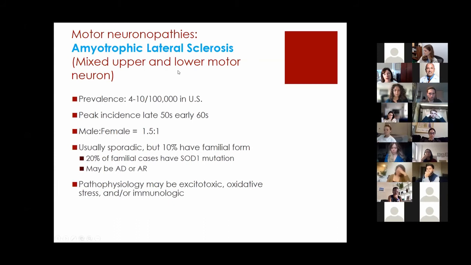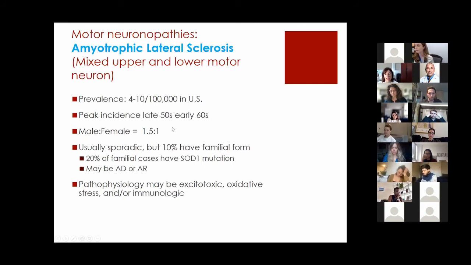But motor neuronopathies, also known as motor neuron disease, when you have a mix of upper and lower motor neuron pathology, is ALS. It is not very common, fortunately, but we definitely see it. And I have seen a number of patients over the years who are hospitalized for progressive weakness of unknown etiology, and then it turns out that they have previously undiagnosed ALS.